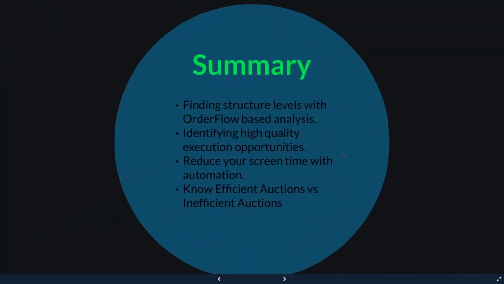So summary, finding structural levels with order flow based analysis, volume profiles, identifying high quality execution opportunities. You want to be able to manage risk, have defined exits, LVN returns, ledges, things like that, understanding initiative and absorptive activity. Thinking about the top-down fractal sense of looking at profiles and reducing your screen time with automation.